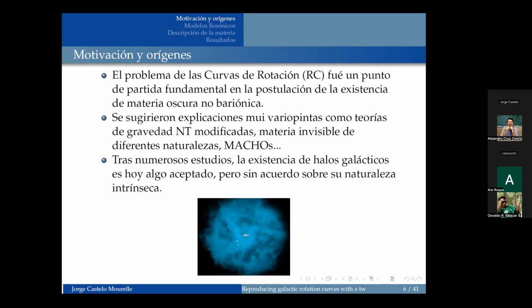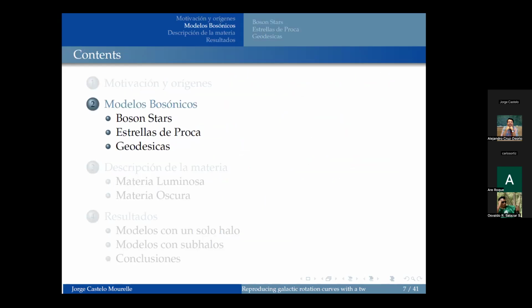So there are many families of models exploring that problem. The point is that I was focused for many years on studying spinning bosonic models, bosonic stars and Proca stars. And I saw some works that use those models under a certain regime to explore these ideas.